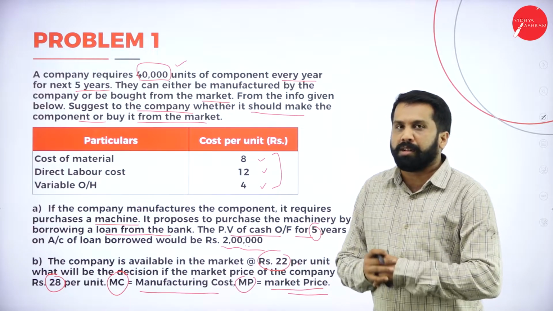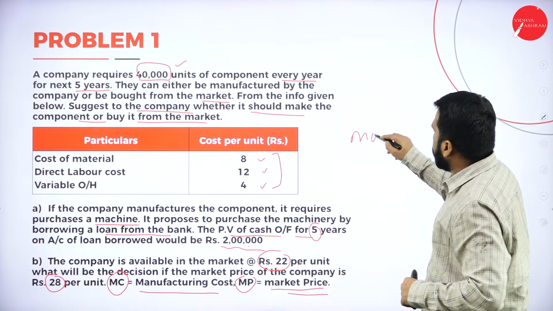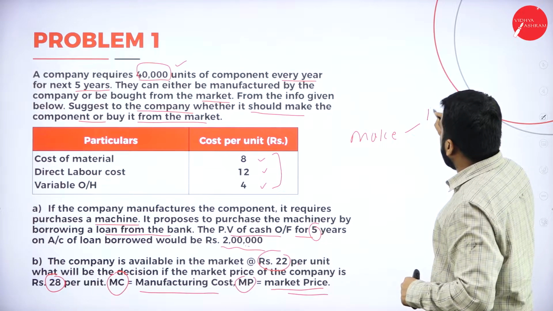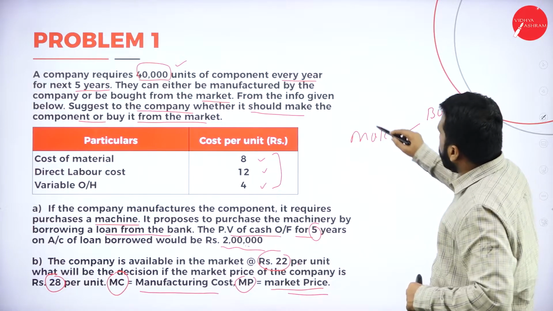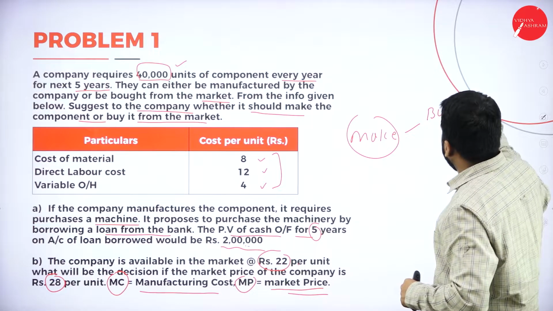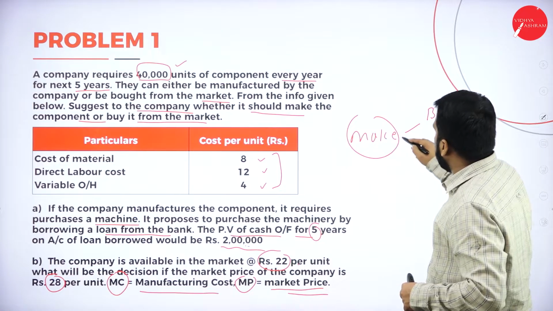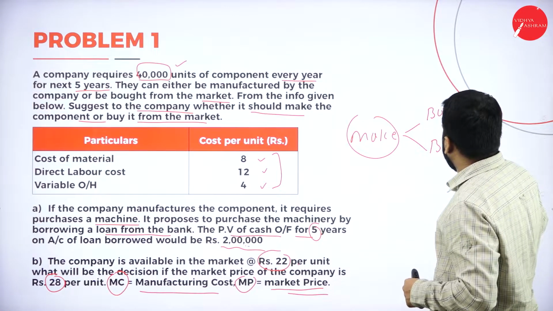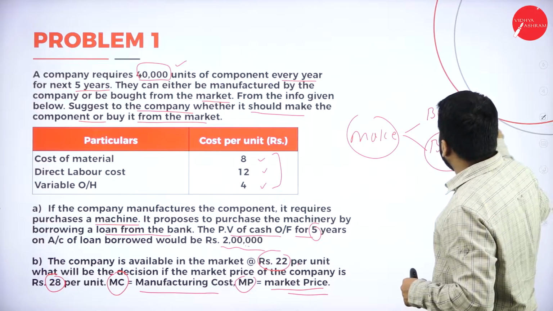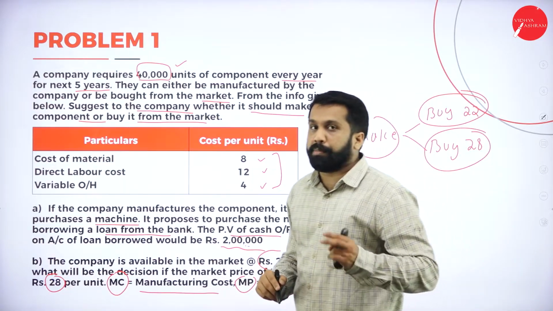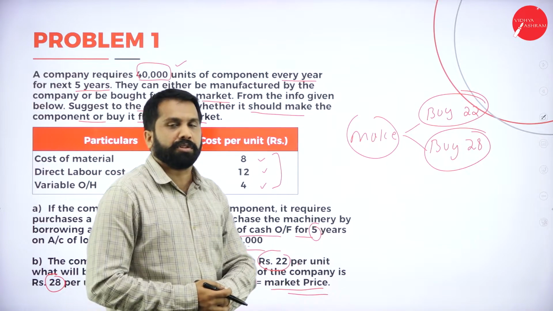Hope you understood. You can make or you can buy. So, will you make or will you buy for 22? Second answer: will you make or will you buy it for 28? This is question number 1, this is question number 2. Two times we are supposed to do.